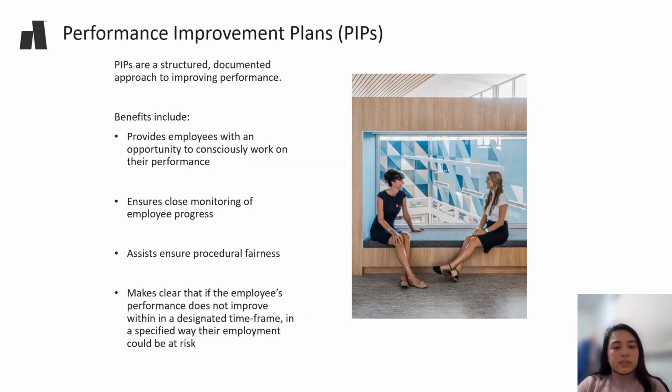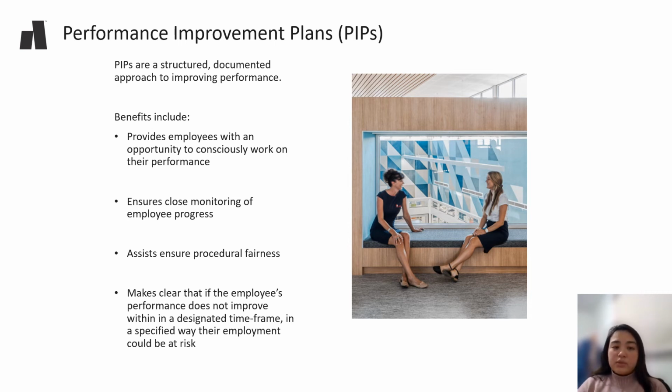So a performance improvement plan is a structured and documented approach to improve the performance. It benefits employees by giving them an opportunity to consciously work on their performance and ensures close monitoring of their growth and the process.